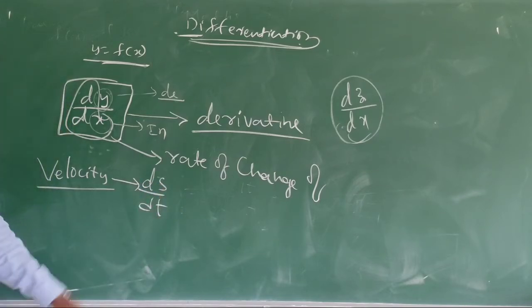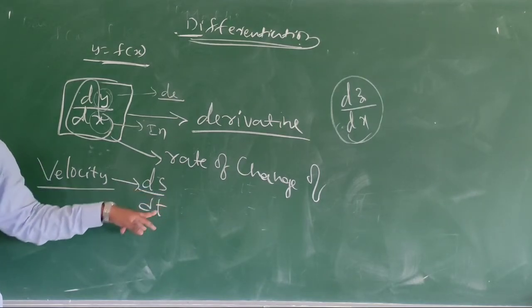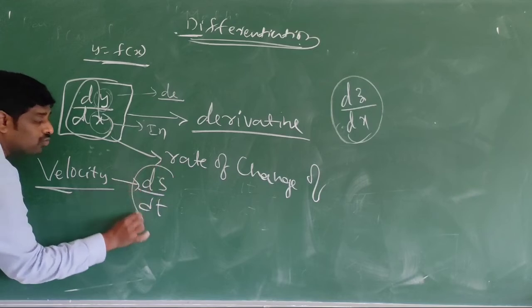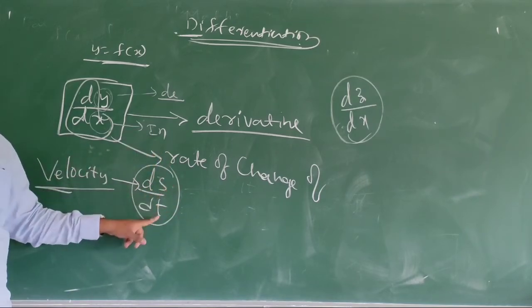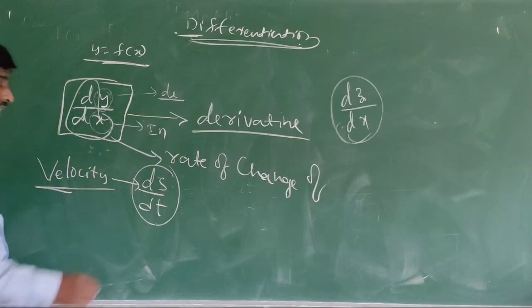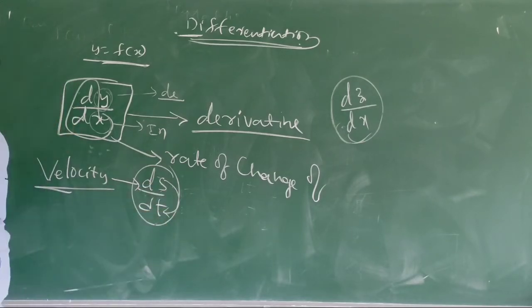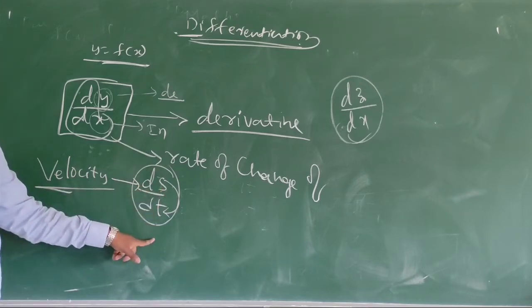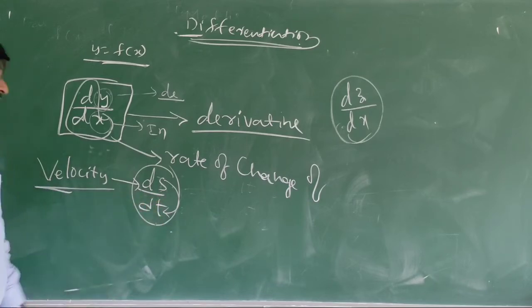Okay, observe children, the rate of change of displacement with respect to time is called velocity. This is also a derivative. This displacement depends upon time. Here s is displacement, t is time; the rate of change of displacement with respect to time is also differentiation.